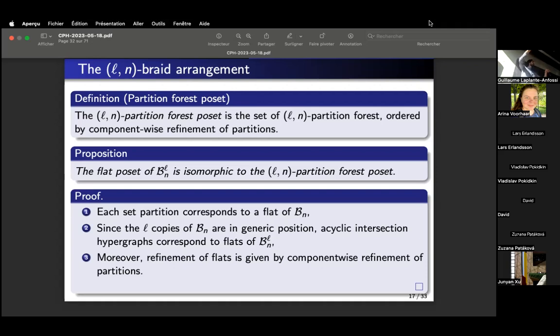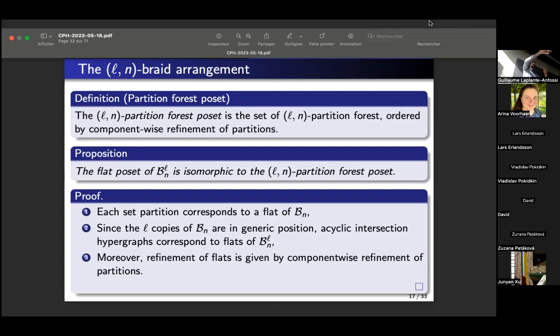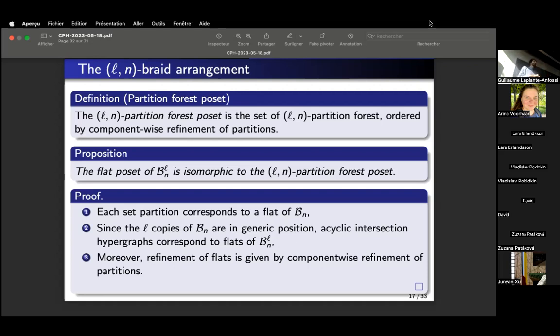Since you have generically translated copies, the flats of all these copies will be exactly the partition forests where the associated intersection hypergraph is acyclic.